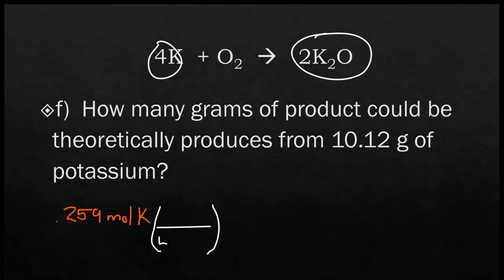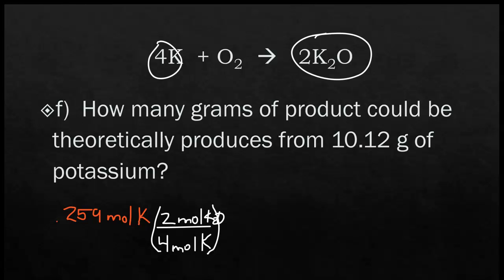And so I'm going to put those 4 moles of potassium on the bottom. That way they're going to be able to cancel out. And I'm going to put those 2 moles of K2O on the top. And calculate the moles of K2O.